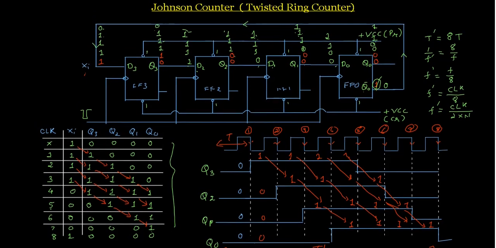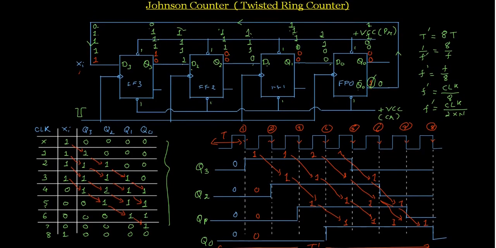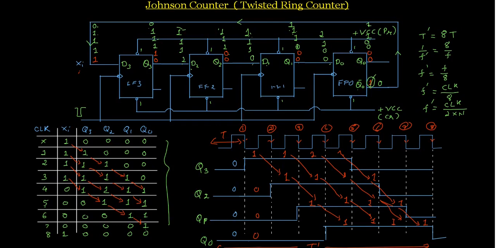This Johnson counter is also known as a divide by 2n counter, because here you can see the frequency is divided by 2n.